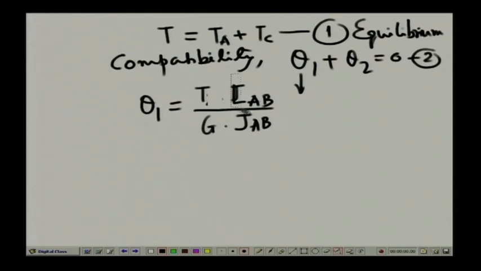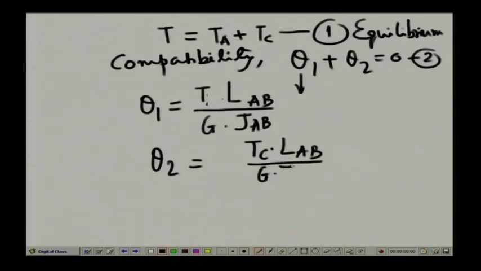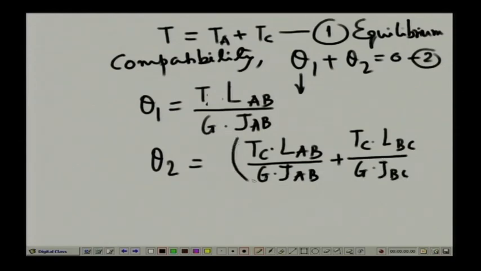The rotation theta 1 is occurring because of the twisting moment T over length A B, and theta 2 correspondingly is equal to T C times length A B divided by G J A B plus T C length B C by G J B C. So, this is the total rotation, which is negative according to the sign convention which we have used.